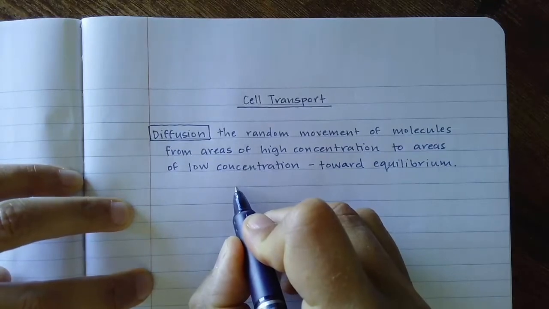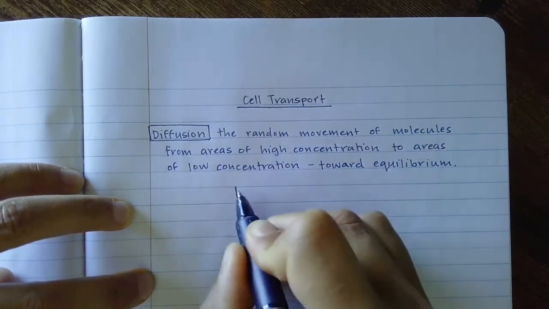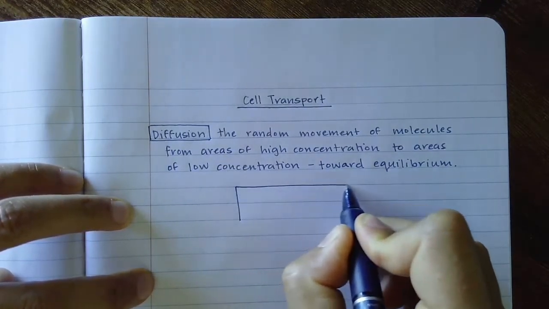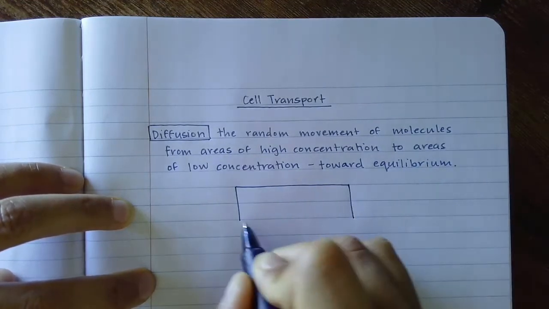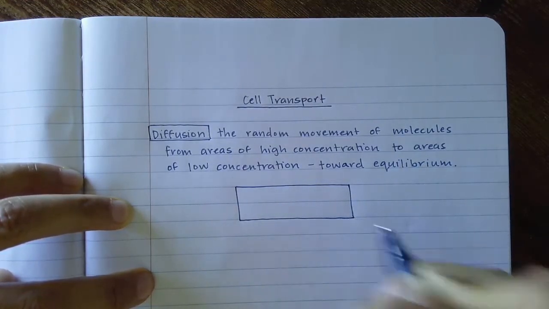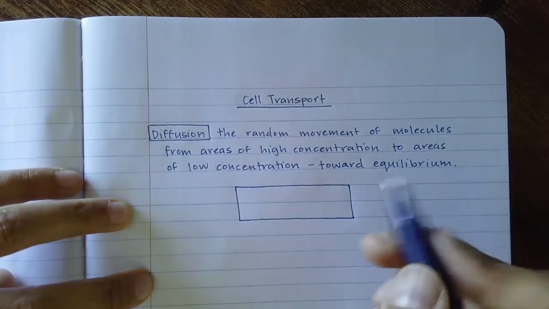This is a concentration gradient. So I'm going to draw a box here. And that is the space that our molecules are going to be in.